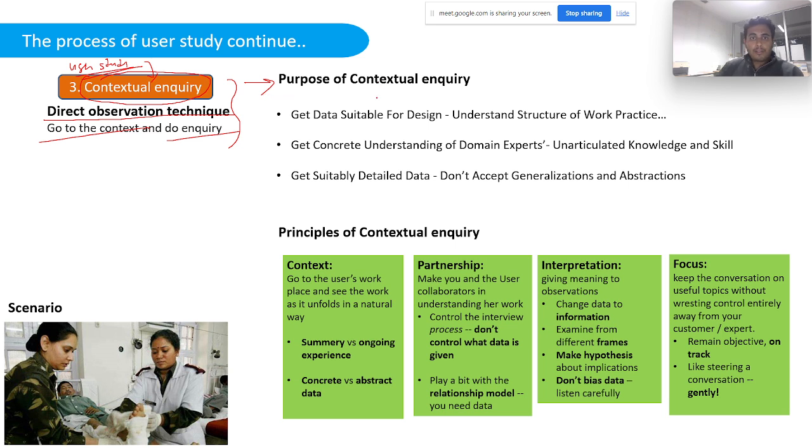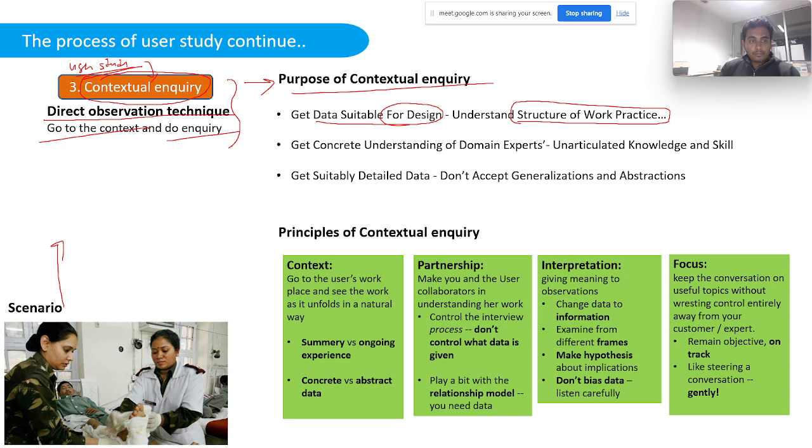Now, the purpose of contextual inquiry is to get data suitable for the design. That means you need to understand in great detail the structure of the work practice. I'll give you the same example.